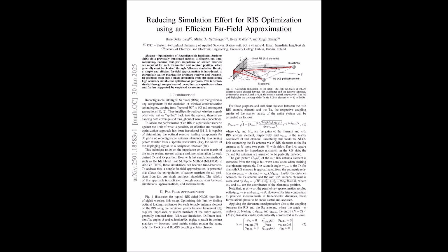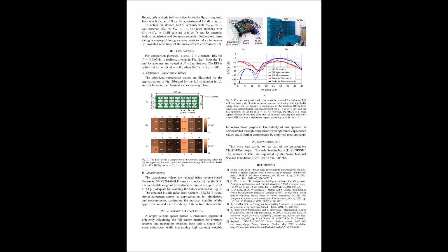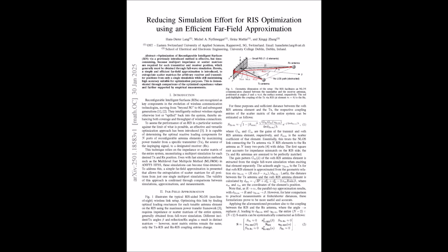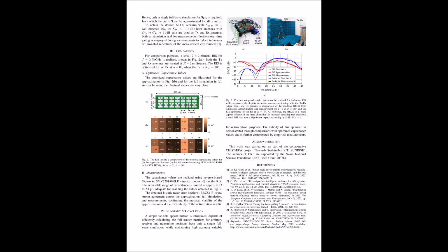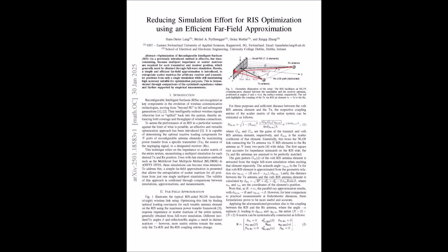So by making this far-field assumption, we not only simplify the calculations for individual elements, but also simplify the way we describe the entire system's behavior. Exactly. And that's a big deal in terms of computational efficiency. It allows us to model the entire RIS system without getting bogged down in all those nitty-gritty details of near-field interactions. So we're gaining a lot of speed without sacrificing too much accuracy. That's the sweet spot we're looking for, right?